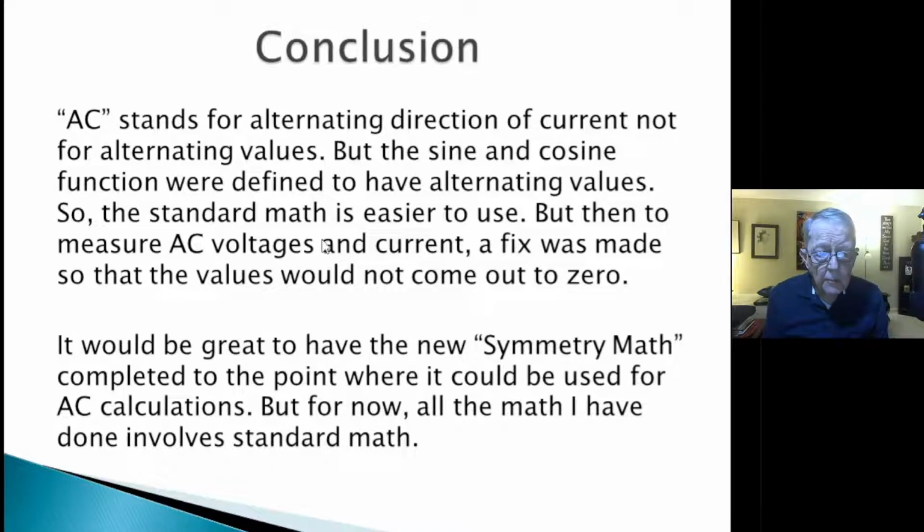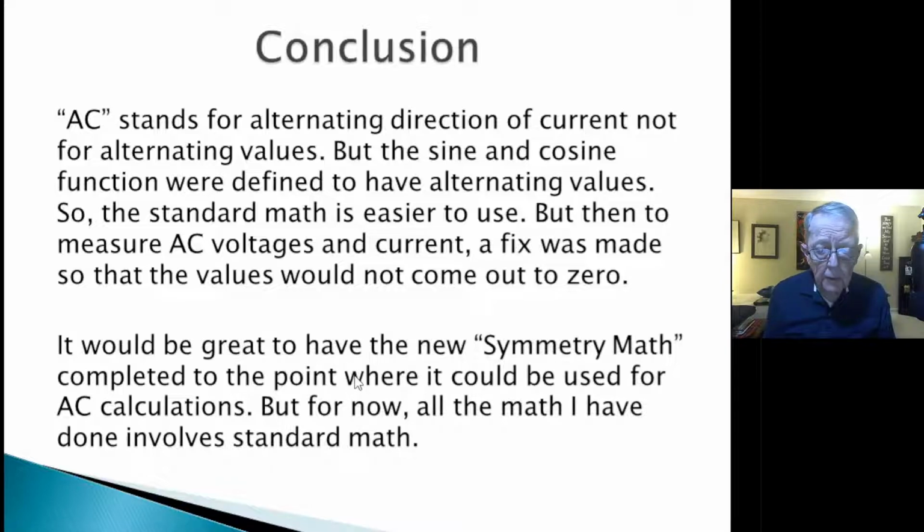So the standard math right now is easier to use than the math for the particle model. But then to measure AC voltage and currents, a fix was made so that the values would not come out zero. It would be great to have a new symmetry math that Jack Kirkendall mentioned in one of David's presentations.